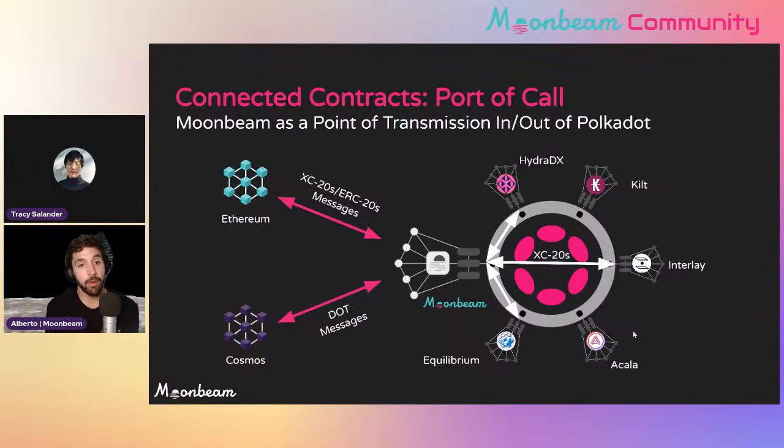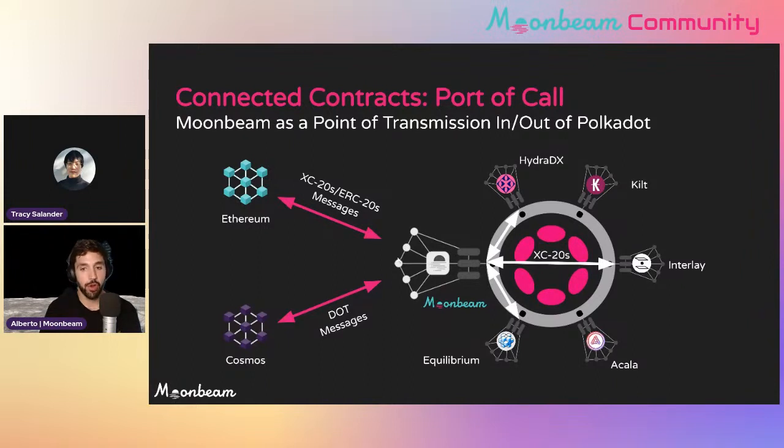And so a deployment of contracts on Ethereum can be aware that there are deployments of contracts on Moonbeam, Cosmos, and any other ecosystem that exists. So this is really cool because now if you create a set of smart contracts on Moonbeam, every chain that Moonbeam is connected to can access that deployment.